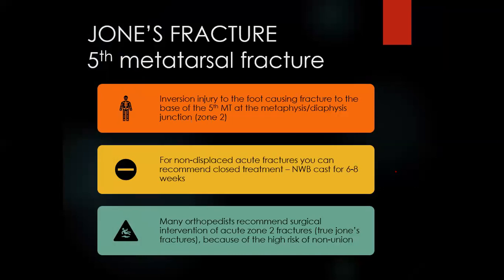A Jones fracture. So this is the fracture of the fifth metatarsal. A Jones fracture is one of those fractures that we have to be aware of because there's a high incidence of avascular necrosis if it's not surgically intervened upon. With a true Jones fracture, zone 2 fracture, there's a high risk of non-union.